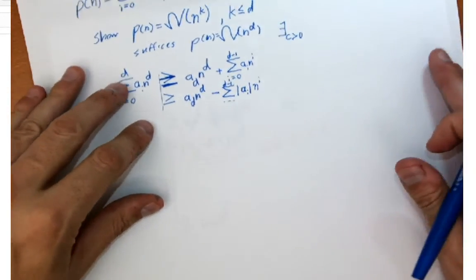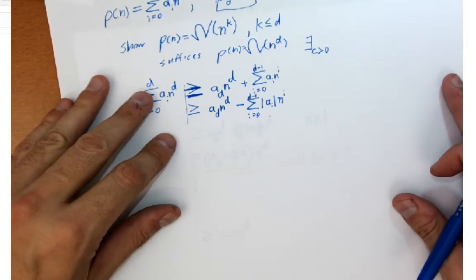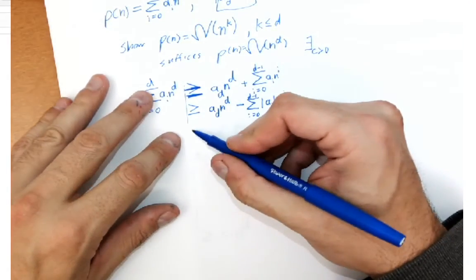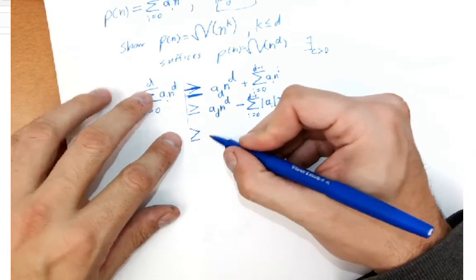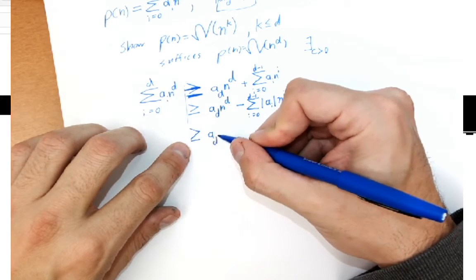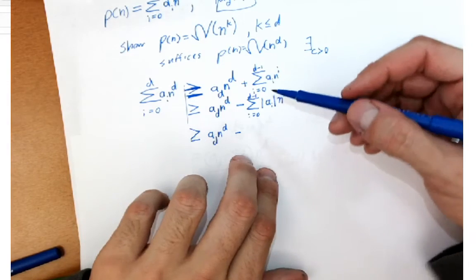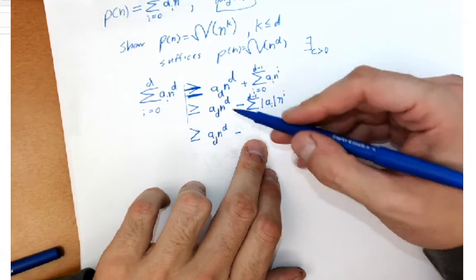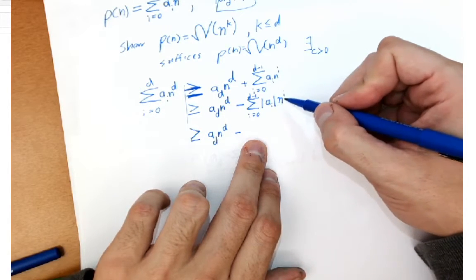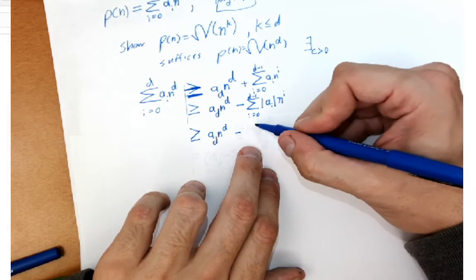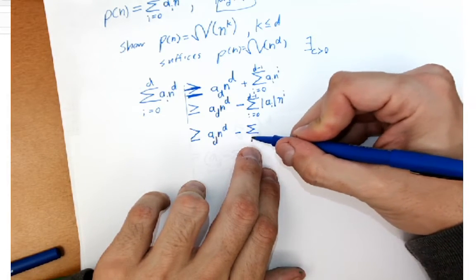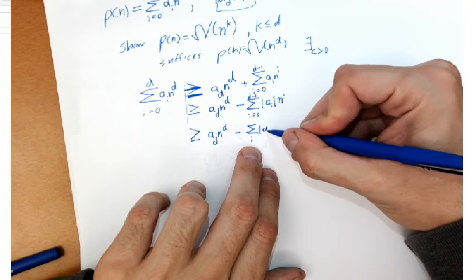We're right here in the process, right? And so this is going to be greater than or equal to a sub d n to the d minus, and instead of raising this i to be n to the d, we could raise it to be n to the d minus 1. So again, it's minus the sum over your i's of a sub i.